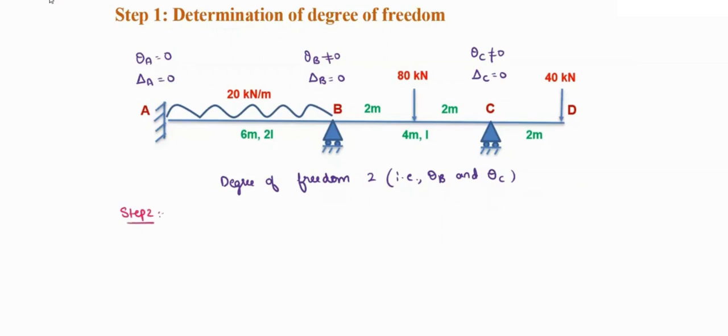Now coming to your step 2. In step 2, you're going to calculate the fixed end moments. So here what we are going to do is, whatever the supports are there, we are going to take all the supports to be fixed supports.